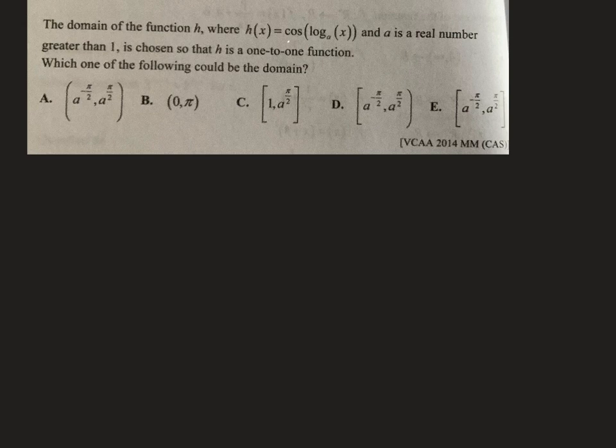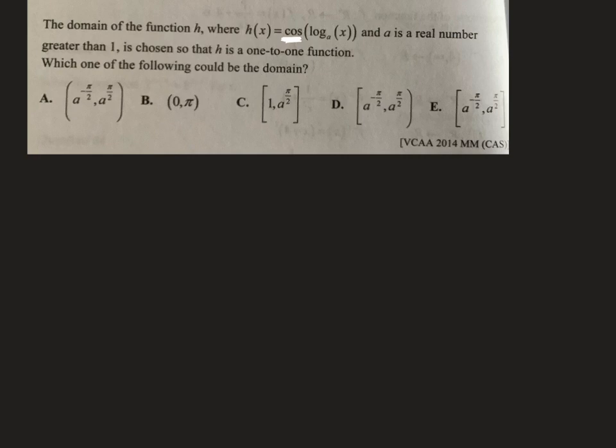So the outer function that we're going to be working with is in fact a cos function. And so whatever values come out of the log function, they go in as an input to the cos function.